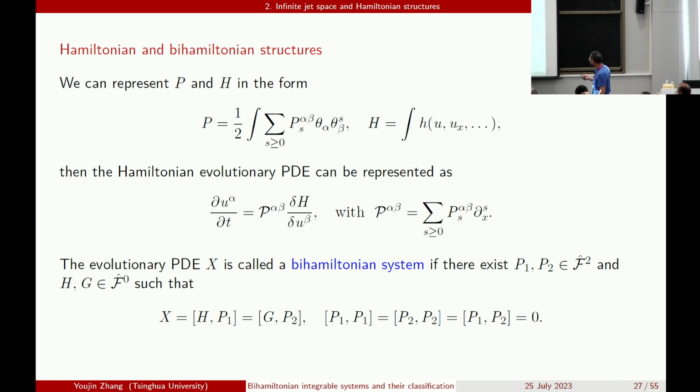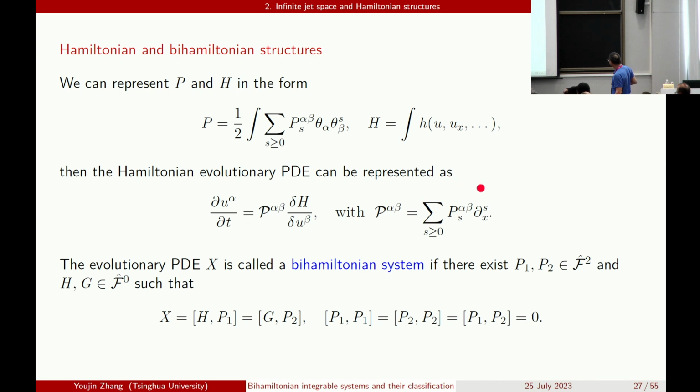For a local functional of super degree 2, we can always represent it in this form, where each term of the differential polynomial depends on two super variables. If we represent it in this form, then from this P we can obtain the differential operator P alpha beta.